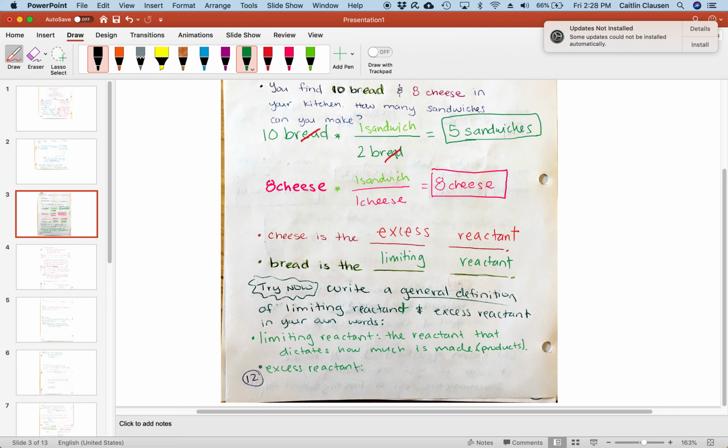We could also say maybe the excess reactant... And then I want each of us to compare to the book definitions and change your definition as needed.